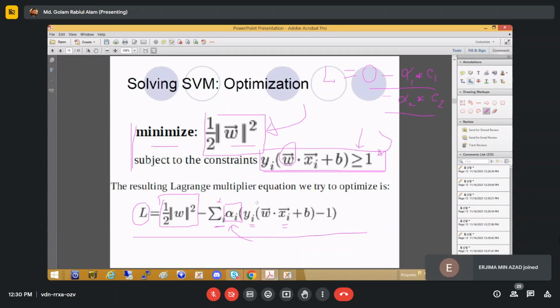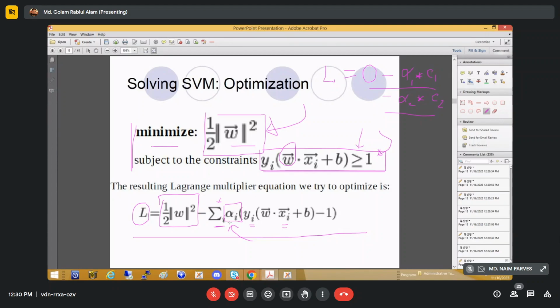Now the next thing is to take the derivative of this equation with respect to W and with respect to B, to find different forms of equations.